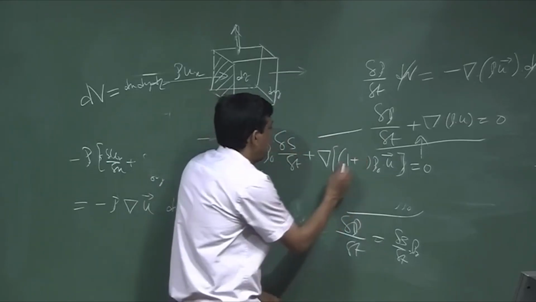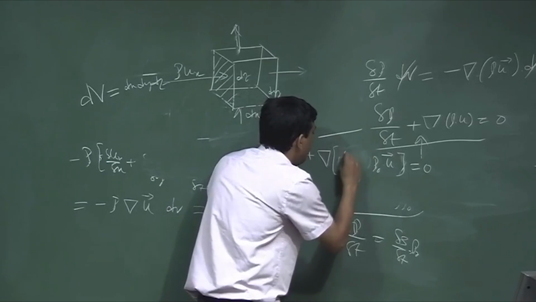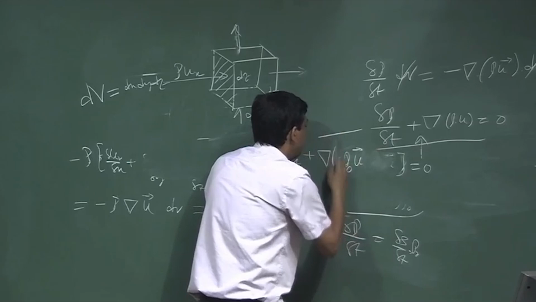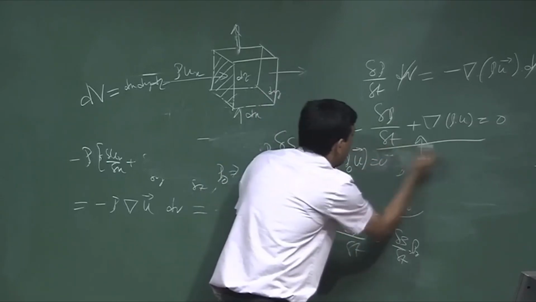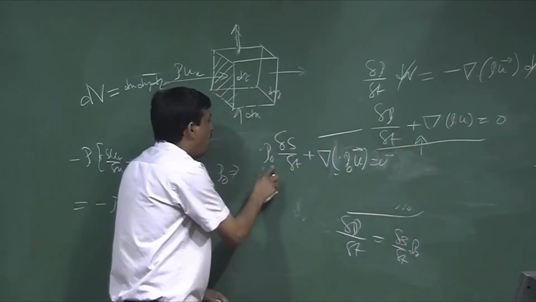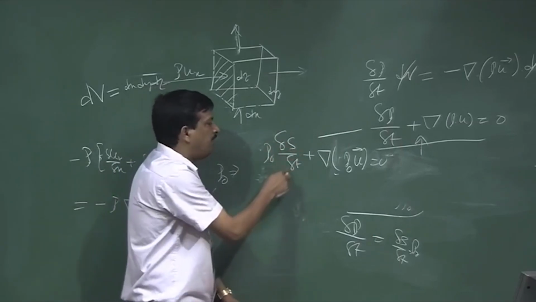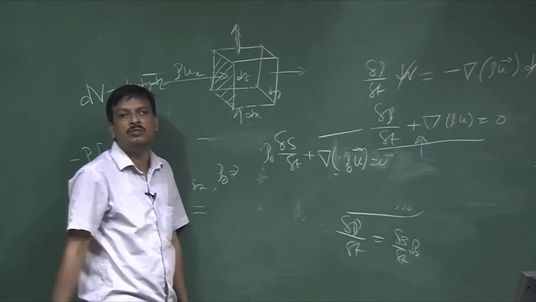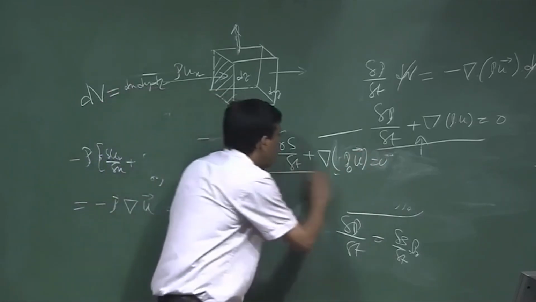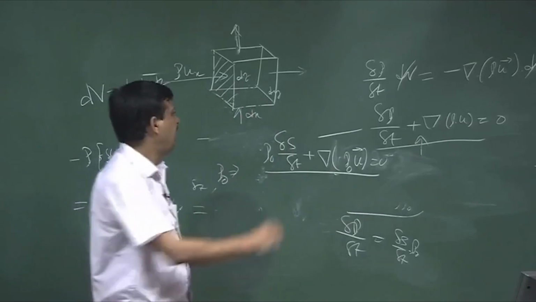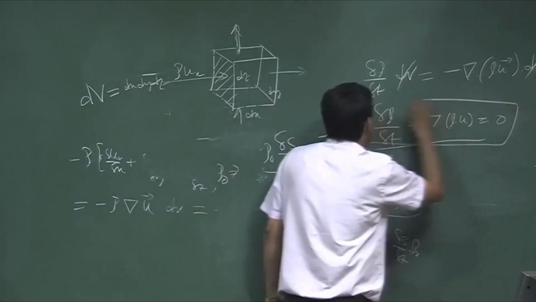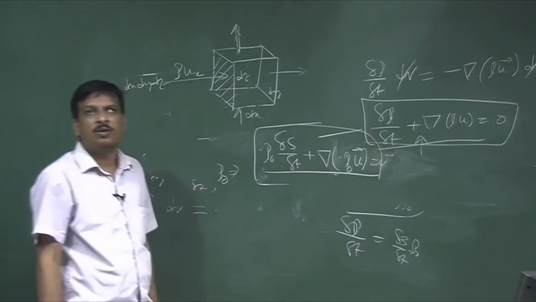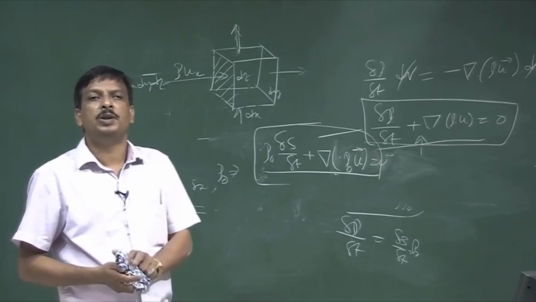So, in that case it is nothing but rho 0 u is equal to 0. So, the equation is rho 0 del S by del t plus divergence of rho 0 u is equal to 0. So, this is the continuity equation, or I can use the earlier form. Sometimes I use this one, sometimes that one later on. Okay. So, this is called the continuity equation.